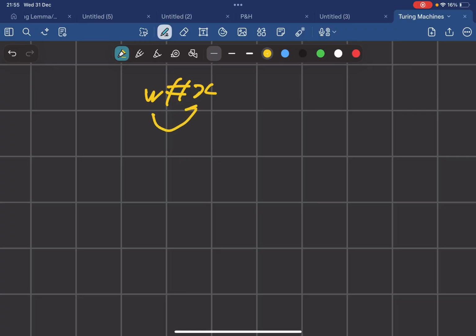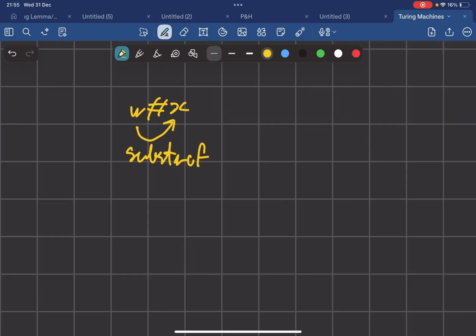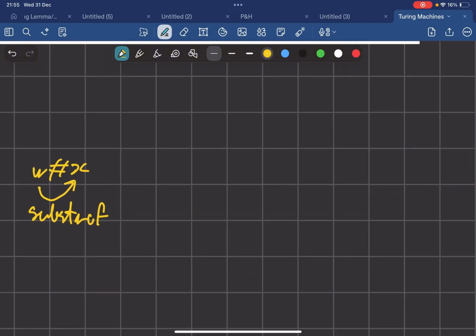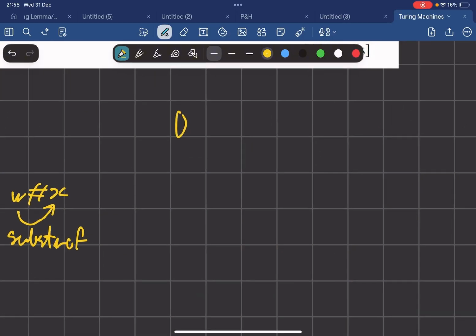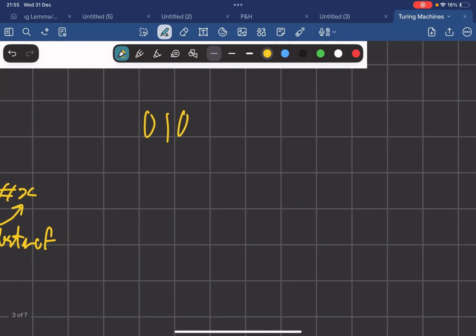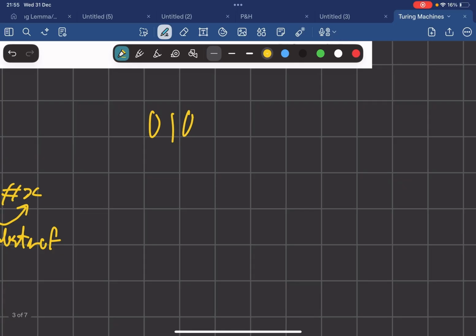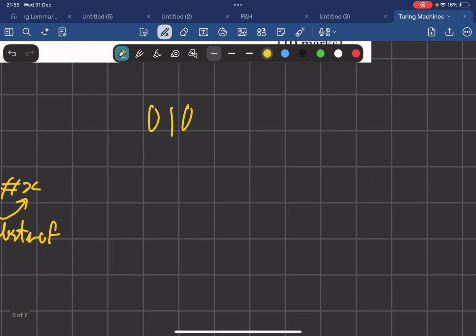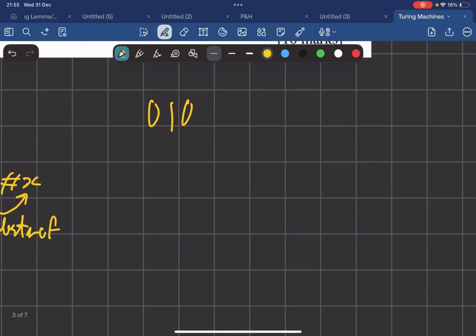So W is a substring of X. Now, just to go over what a substring is, if you don't remember from algorithms, a substring is a string that is contained within another string.